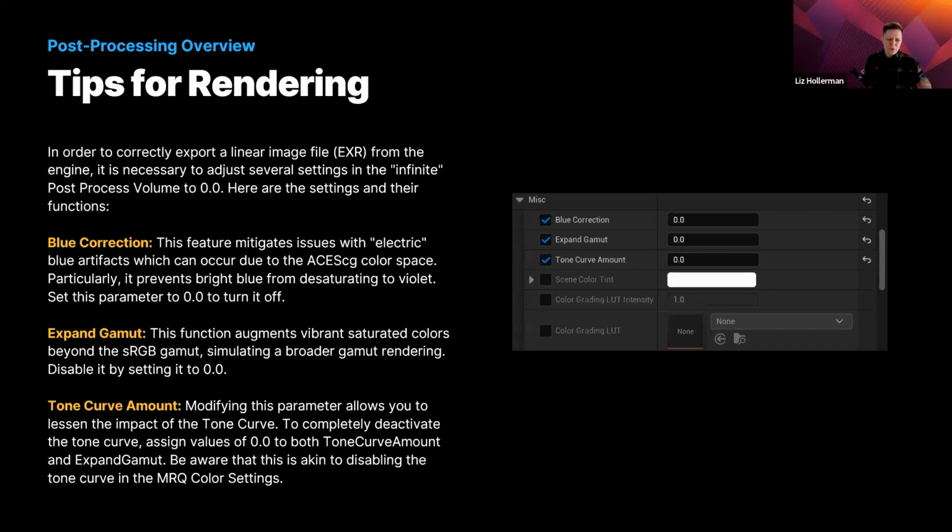You can also disable this in your movie render queue if you don't want to set this to 0. I typically disable the tone curve in the movie render queue, but you can also disable it here. I just wanted to make sure this was mentioned because sometimes you might have issues when rendering with an ACES color space.